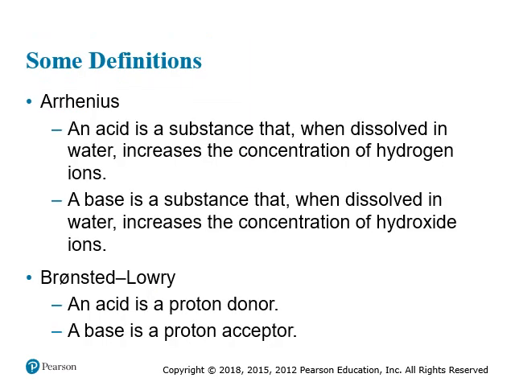Now, there are several theories that have been put forth that attempt to describe acids and bases, or what makes an acid an acid and what makes a base a base. Dating back to the 1800s, we see a definition given to us by Swedish scientist Svante Arrhenius. Arrhenius proposed that an acid was a substance that, when placed in water, would increase the amount of hydrogen ions.